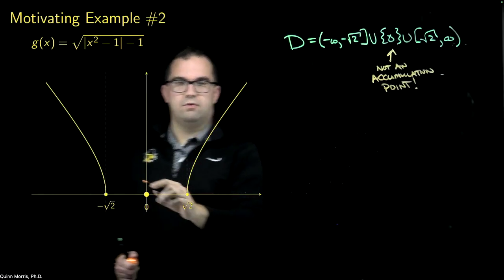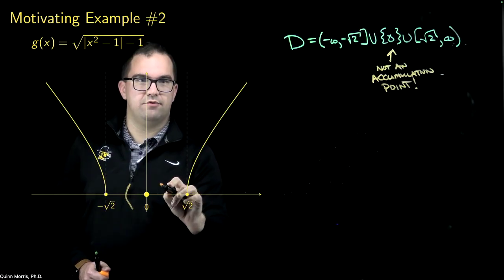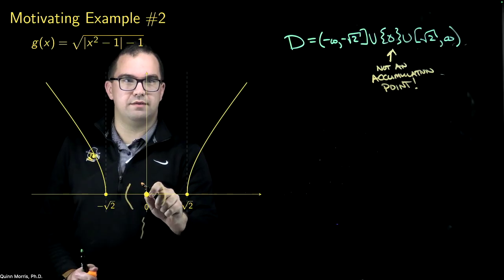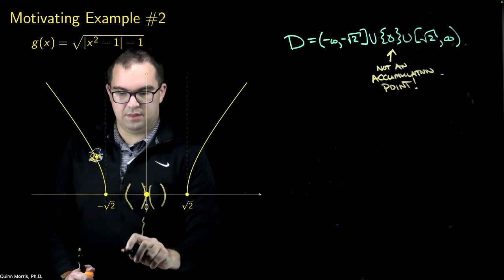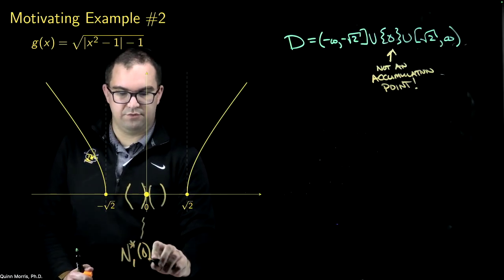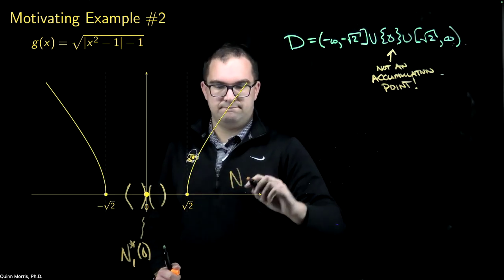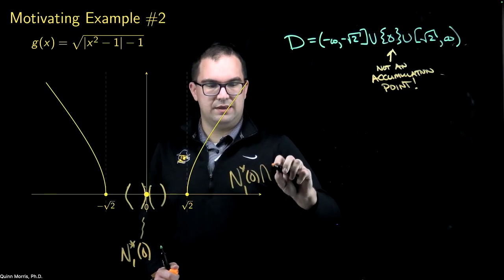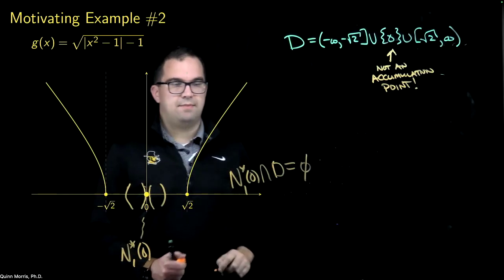Why? Well, come over here. Let me draw a deleted neighborhood. Say this could be the deleted neighborhood of radius 1 around 0. The deleted neighborhood is going to exclude the point at 0. If I take that set and intersect it with the domain, I get back the empty set.